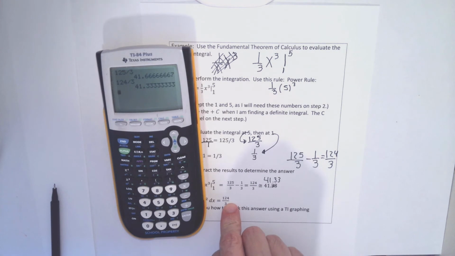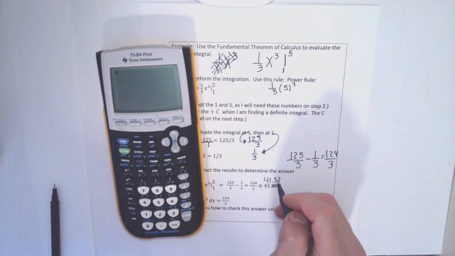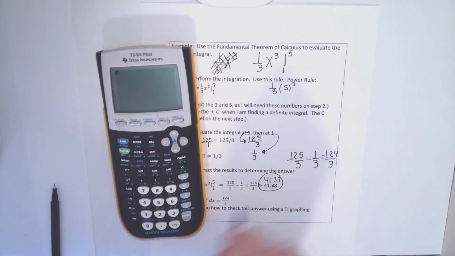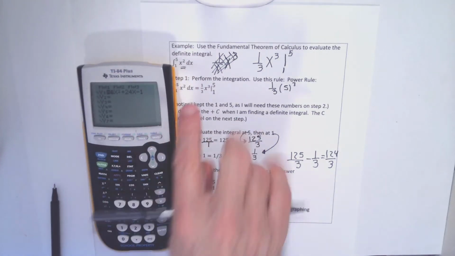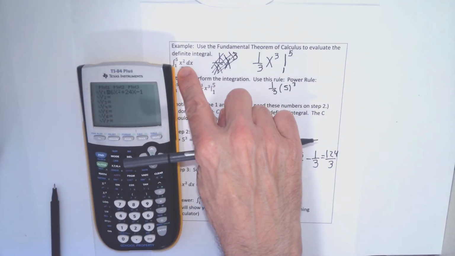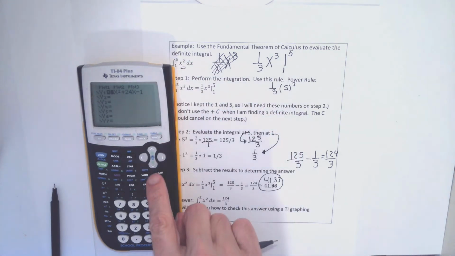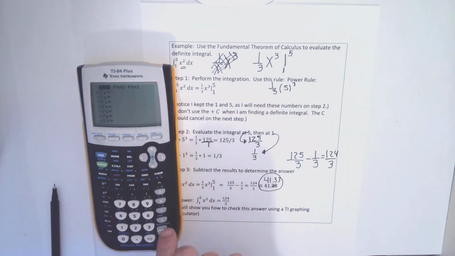124 over 3 exactly. What if I want to check my work? So easy to check my work, I shouldn't skip checking my work. To find the decimal version, what I'm going to do is go to my y equals and enter the function that I'm integrating, the function x squared. Make sure nothing else is in your y equals. Make sure like you don't have any plots on.